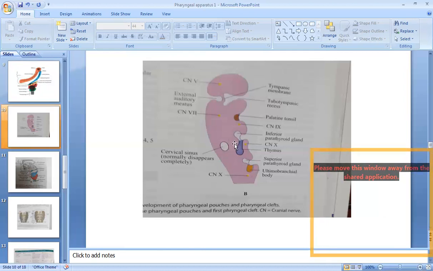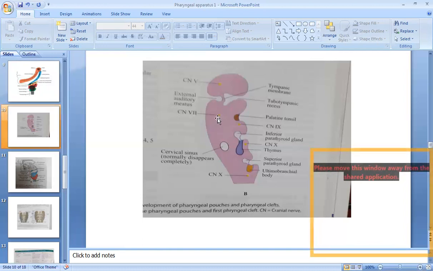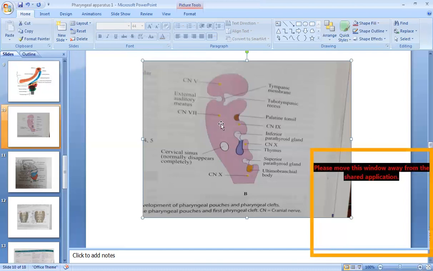You can see here the cervical sinus. This is actually the remnant of the external pharyngeal clefts, the second, third, fourth to sixth. The second one overgrows over the third up to the sixth, and they are covered completely and disconnected from the surface, and they appear in the form of a cervical sinus.